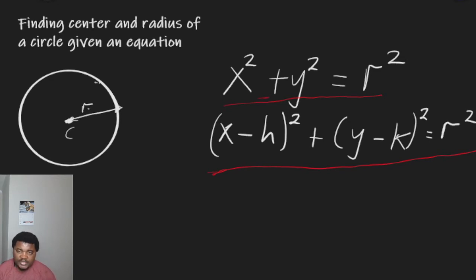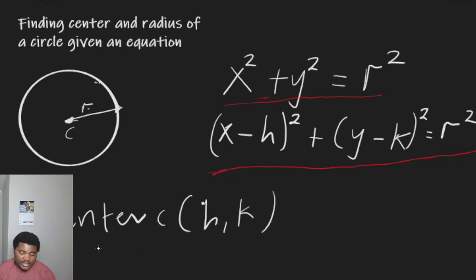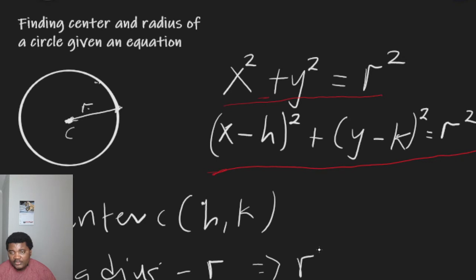The center C is (h, k), and the radius, as we all know, is r. But in this case, that is the r squared here, so the radius is the square root of r squared.